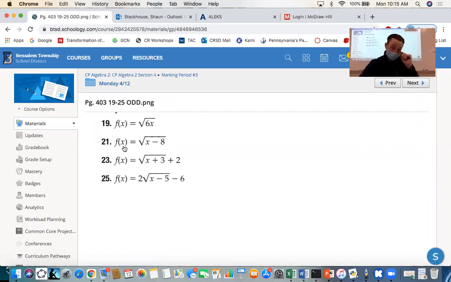All right, so just 4 problems. See, 19, you're multiplying underneath your square root. 21, you're just subtracting underneath your square root. So those are kind of similar to what we saw earlier today and on Friday. 23 and 25, you have multiple transformations. So write down what those are prior to starting and then see how that affects your graph. Choose appropriate values that are going to give you a perfect square underneath your square root.